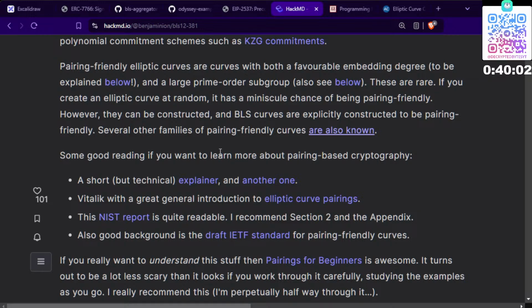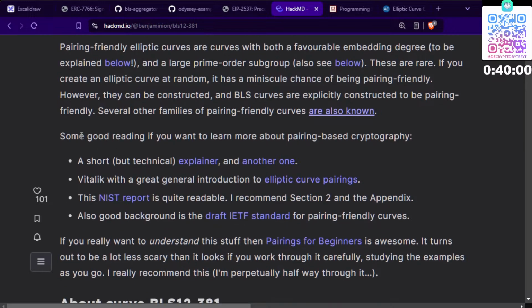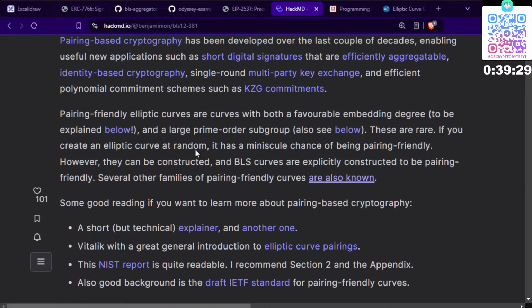Next, some good reading if you want to learn more about pairing based cryptography. A short but technical explainer, and another one, Vitalik with a great general introduction to elliptical curve pairings. This NIST report is quite readable. I recommend section 2 and the appendix. We have a lot of reading here.